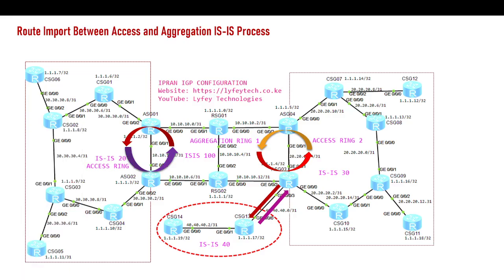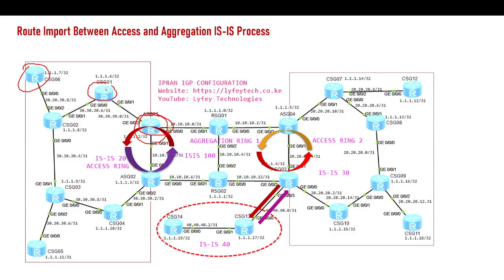As things stand now, this router will not have the loopback IP of this router. Even CSG1 that is directly connected to SG01 will not have the loopback IP from SG1. Why? Because we haven't done any route import between the aggregation and the access process.